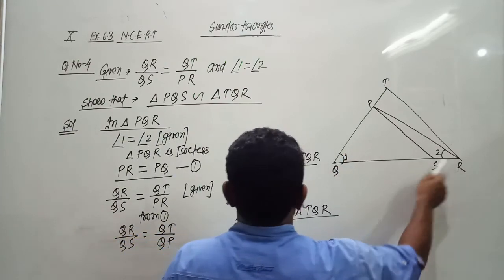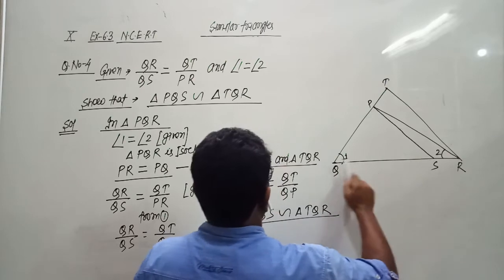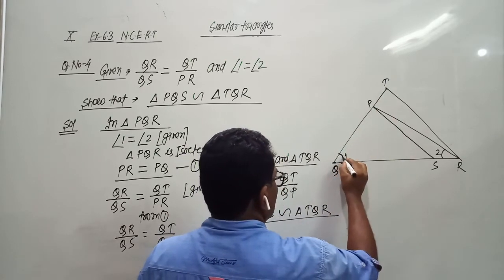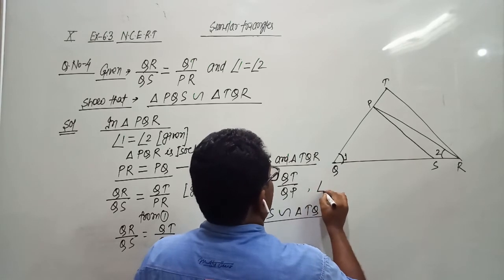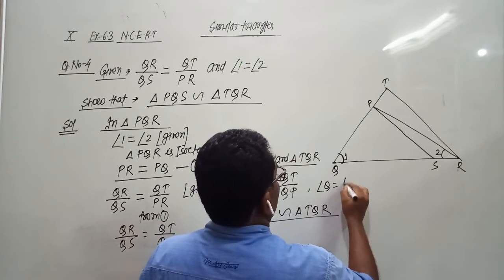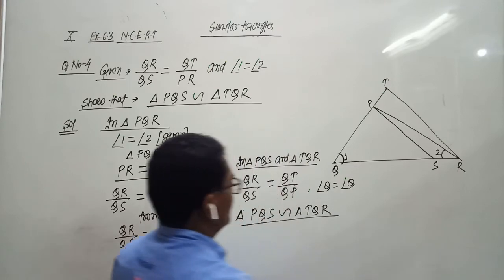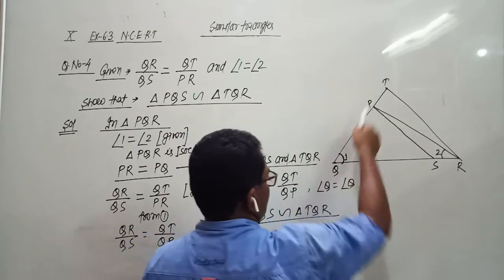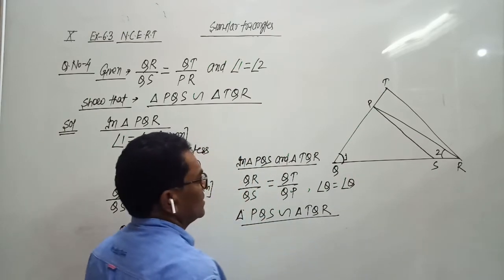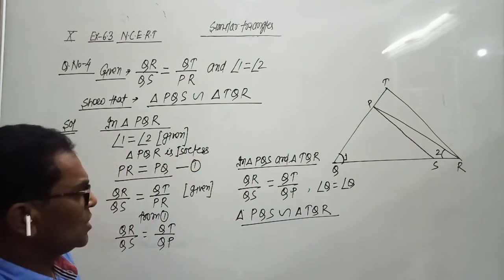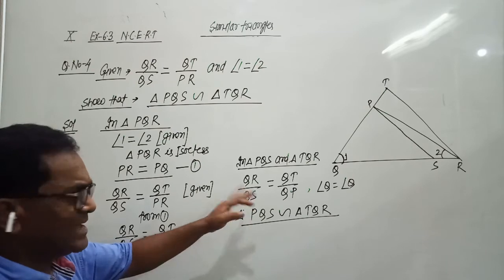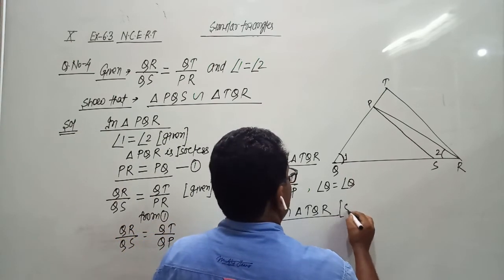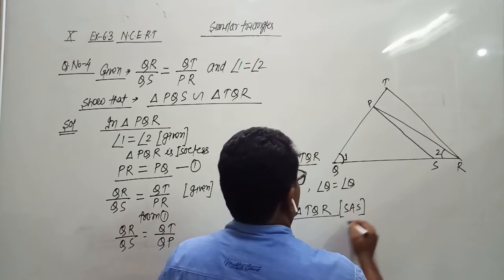QR upon QS equals QT upon QP, and angle Q is common, and these are the sides including this angle. So by SAS, these two triangles are similar.